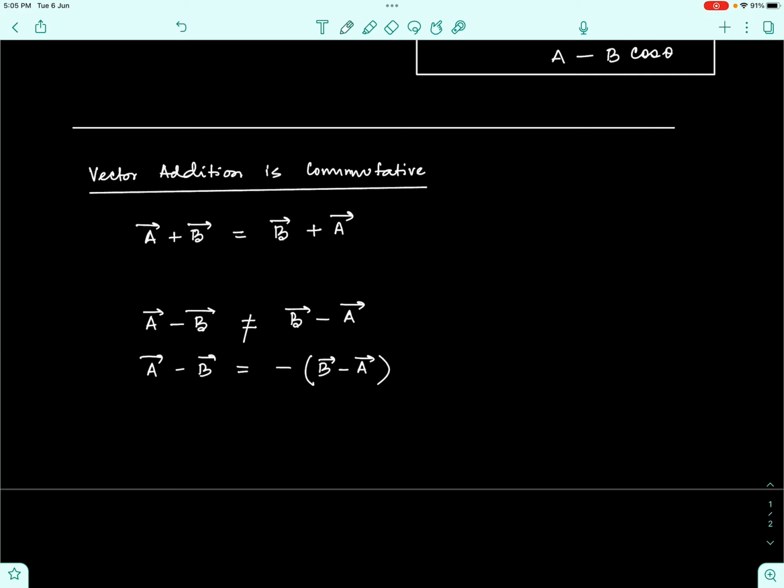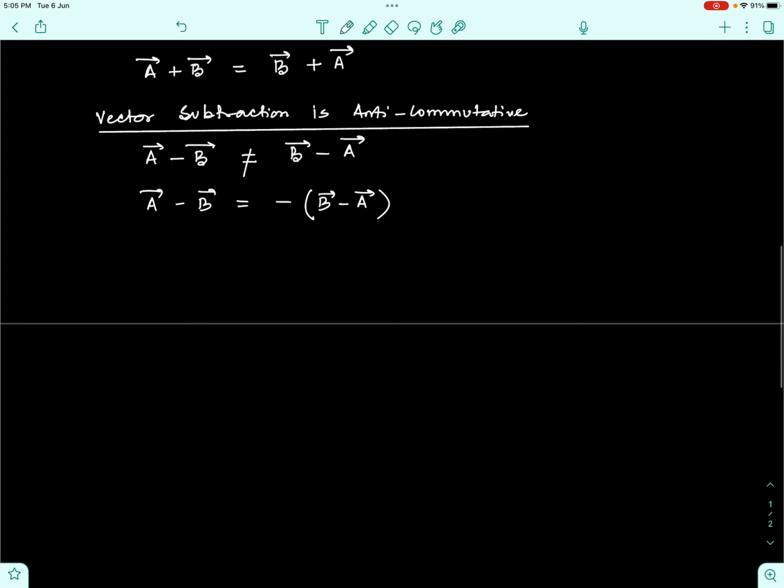Mathematically, this is how we can write it, and this makes us understand that vector subtraction is actually anti-commutative. So, these are the basics about vector addition and subtraction.